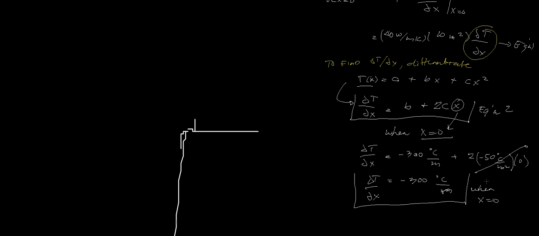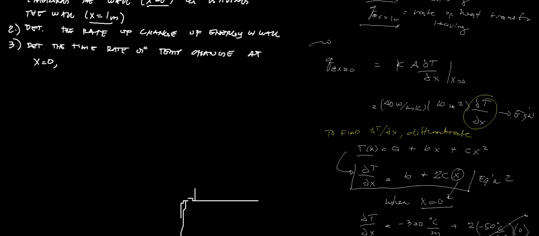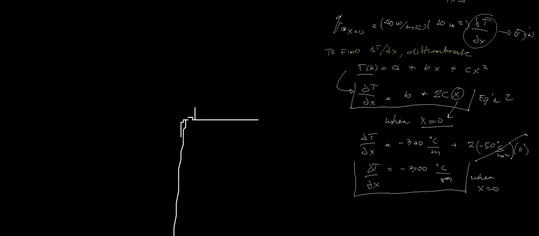Okay. So from equation 1, we can now substitute the value of our dT to solve for our Q when x is equal to 0.